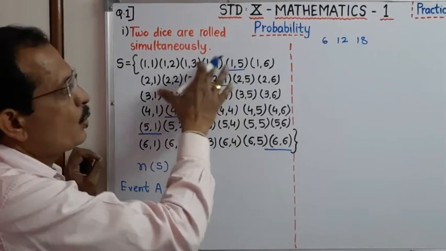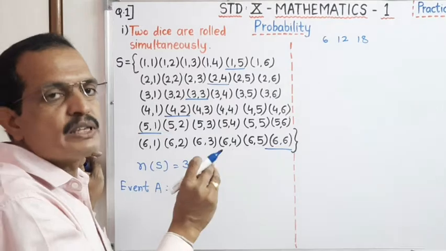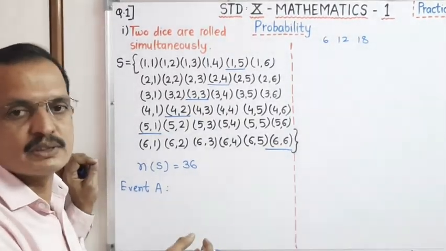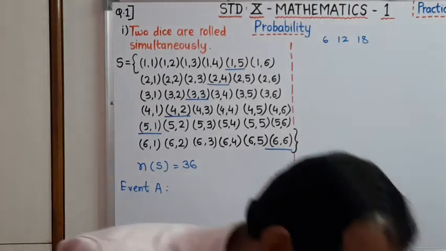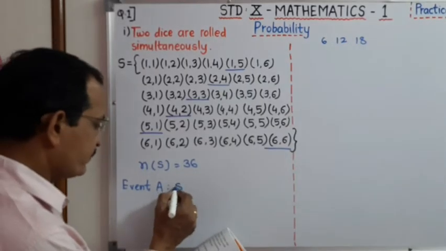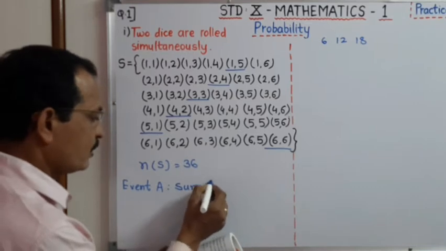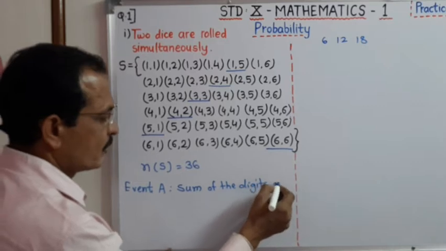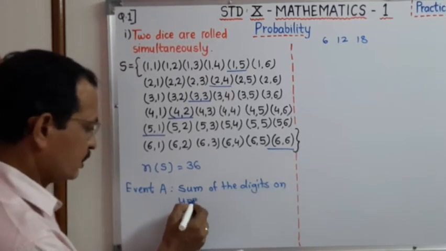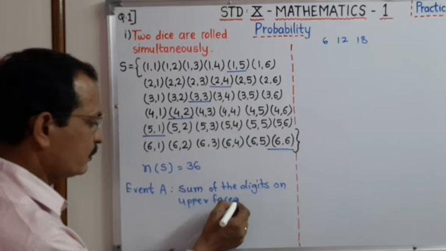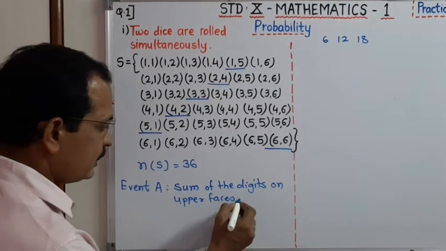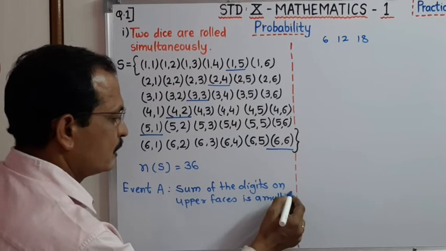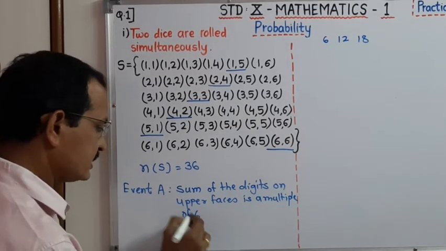See dear student, out of these sample points, we have to select the sample points whose sum is a multiple of 6. Therefore, the sum of the digits on the upper faces is a multiple of 6.